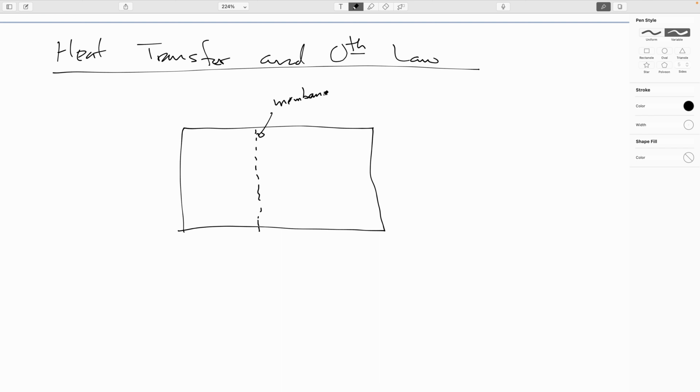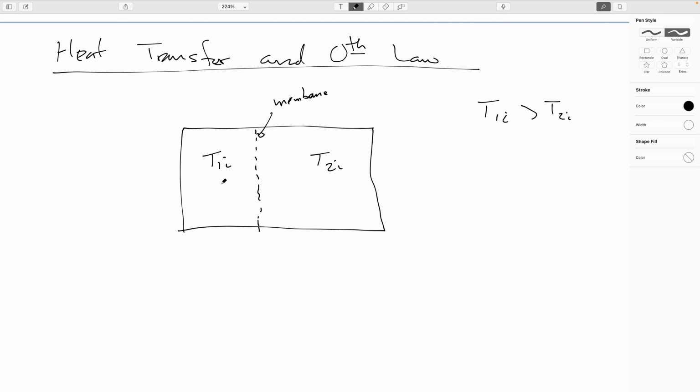So we'll have a collection of gas here at some temperature T1 initial. And we'll have some more gas over here at T2 initial. And what we can imagine happening is let's say this one, that T1 initial is hotter than T2 initial.